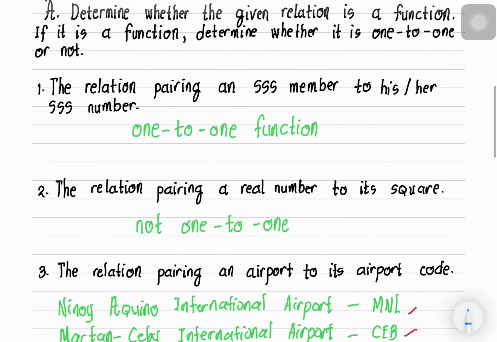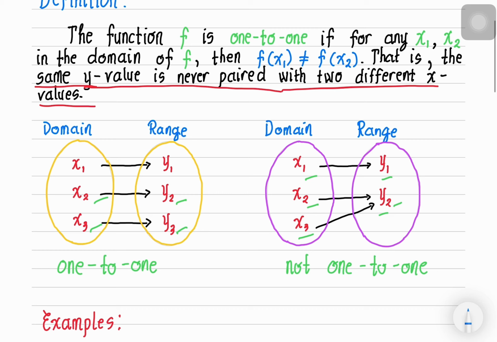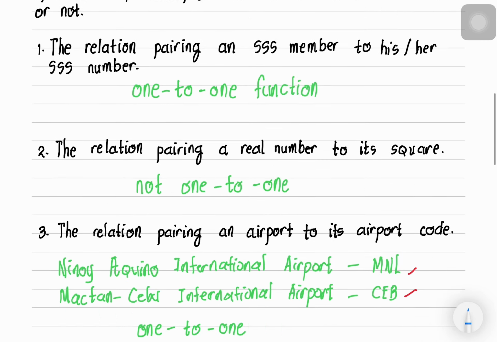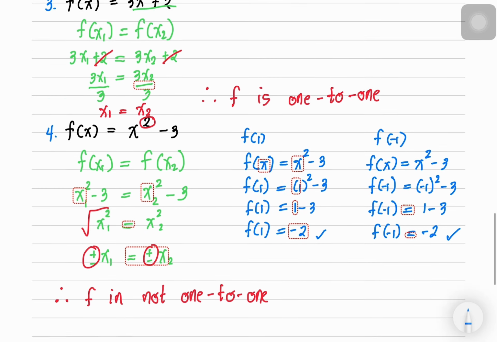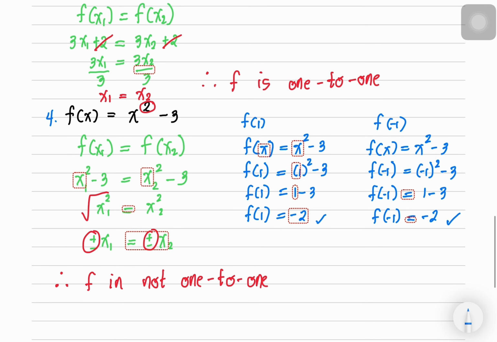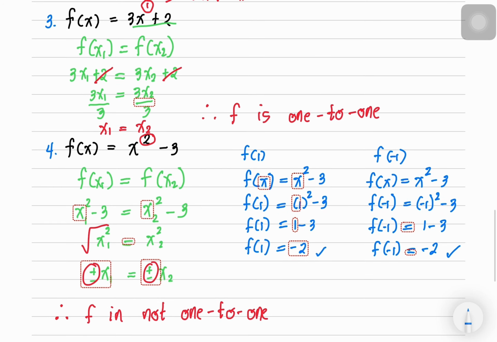So, sabi sa definition, that is, the same y value is never paired with two different x values. Okay? So, meron tayo ditong magkaibang x values, which is positive 1 and negative 1. And then, yung output nila ay same, which is negative 2. So, therefore, this is not one-to-one function. Okay? So, ganun lang kasimple at kadali.